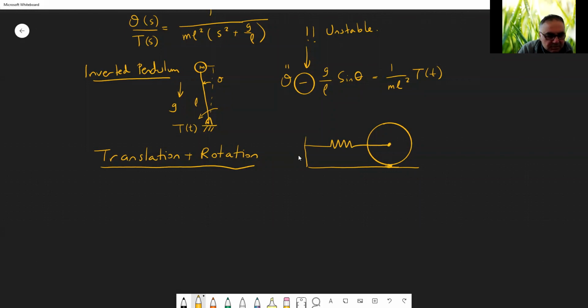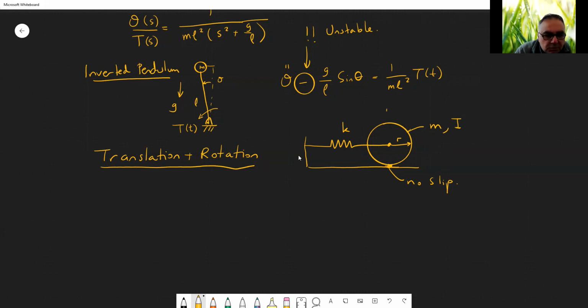So here you have, let's say, no slip between the ground and the disk. This disk has a radius of r. This has a mass of m, and mass moment of inertia of I, let's say.